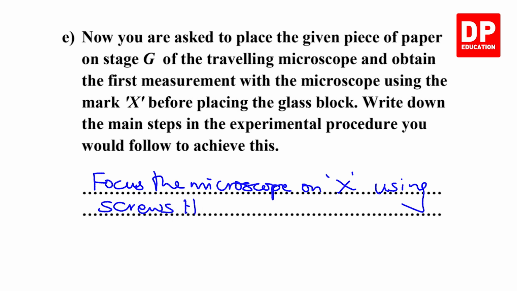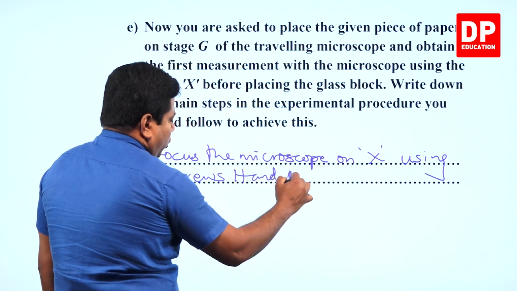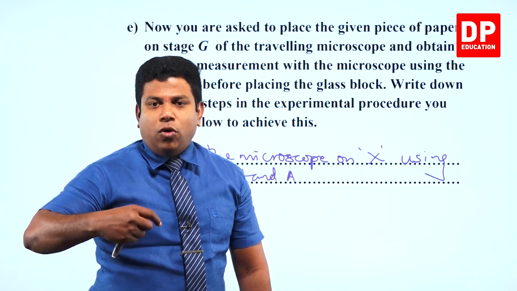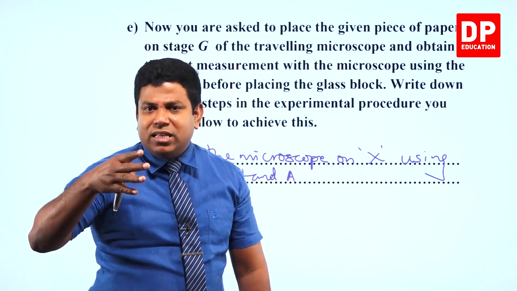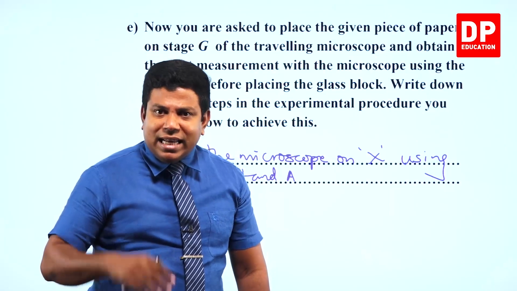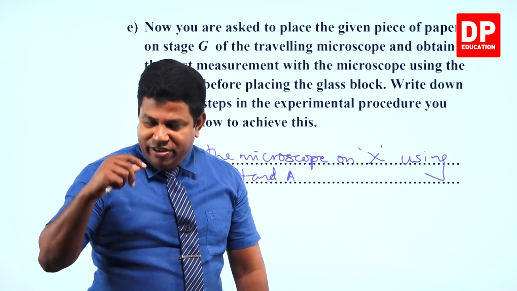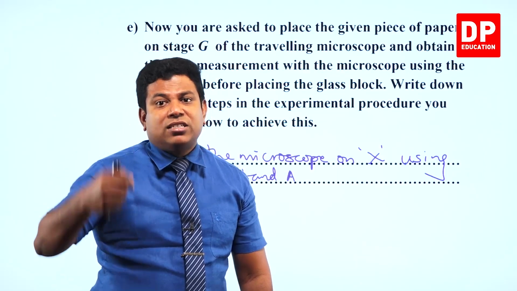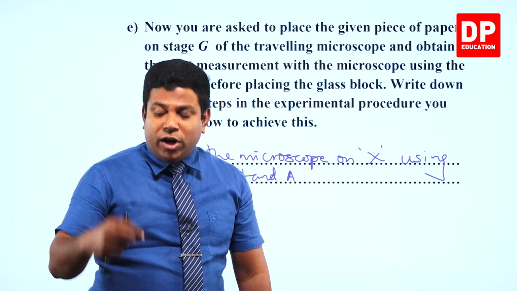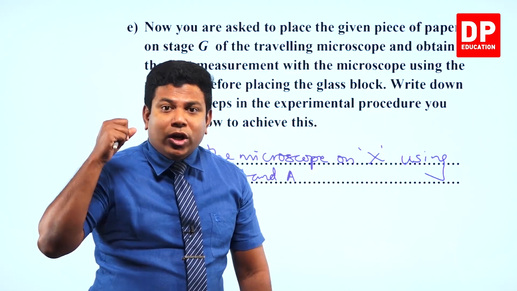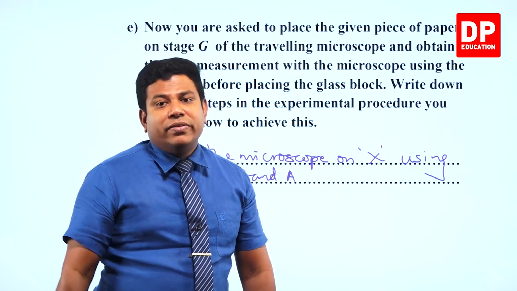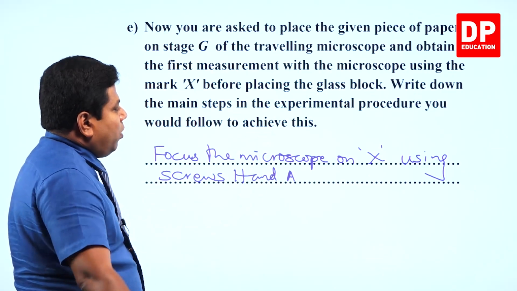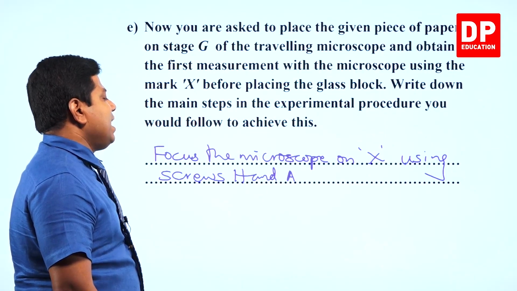We'll say H and A, because first you adjust with H: you loosen the H, move it and find where you can see an image, may not be very clear, but at least a blurred image. Fix it there. That is what you do with H, the vertical large scale movement knob. Then use the fine tuning knob and find where exactly the image is. So focus the microscope on X using screws H and A.